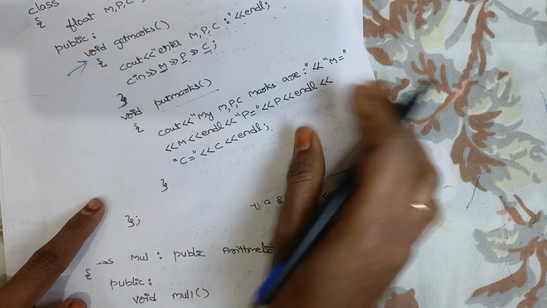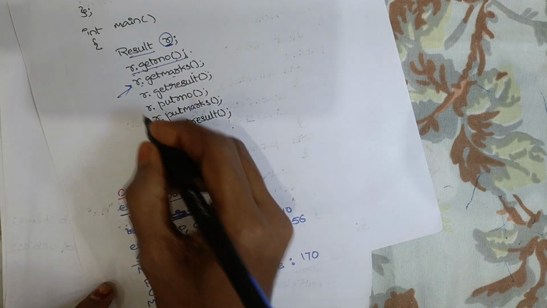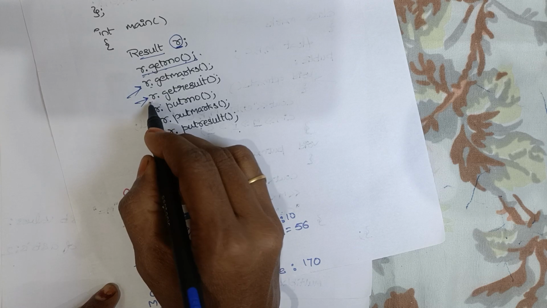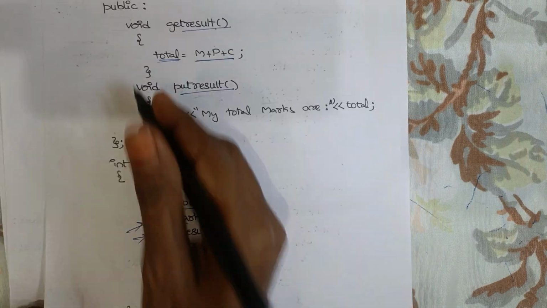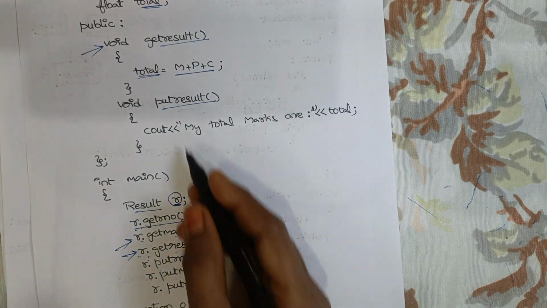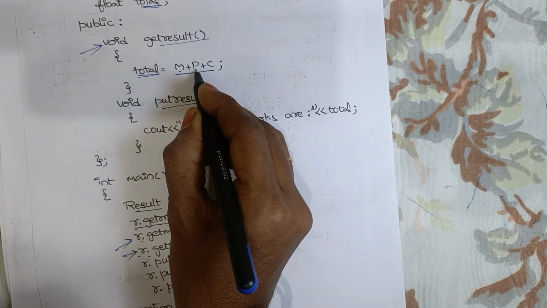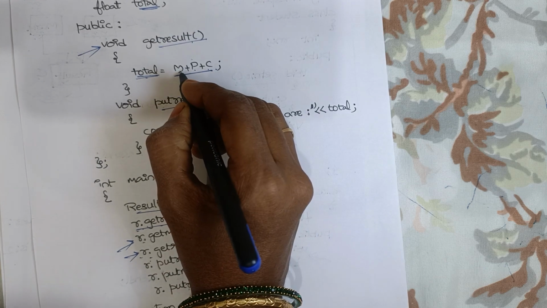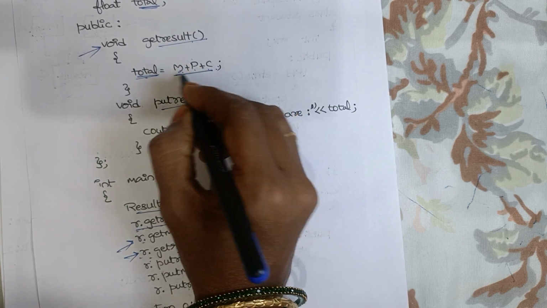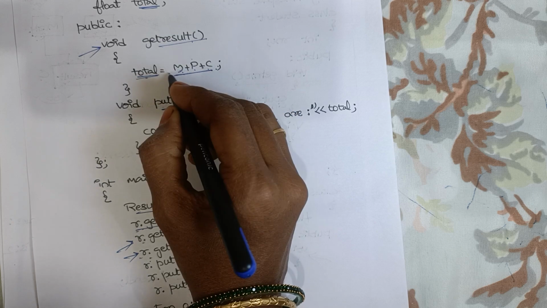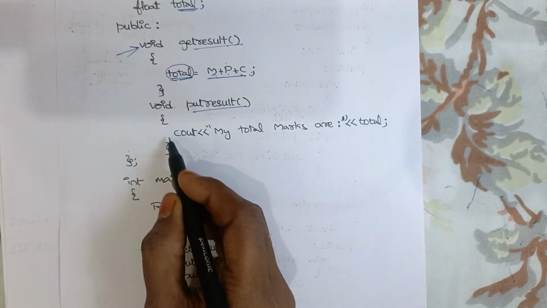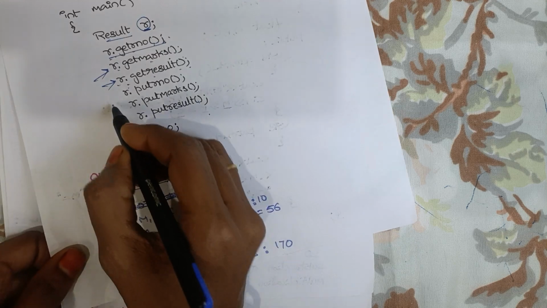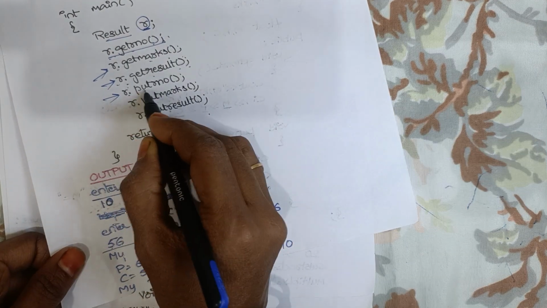After closing this brace, control will transfer to the next statement, r dot get result. Here total is equal to m plus p plus c. The MPC marks you entered are added and stored in the total variable.